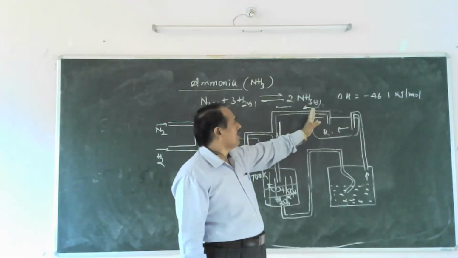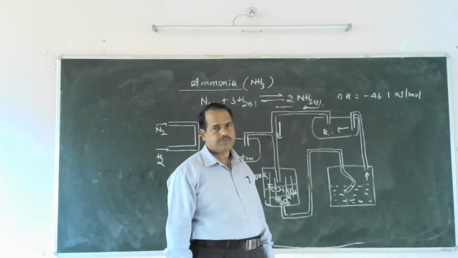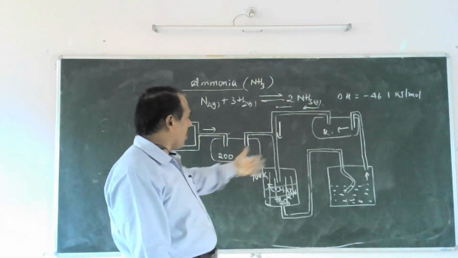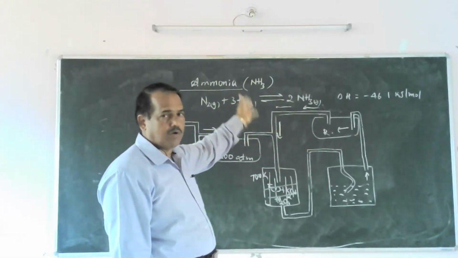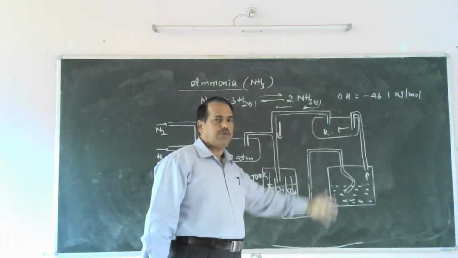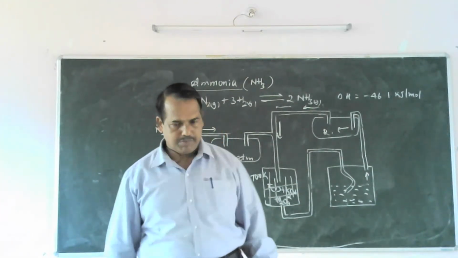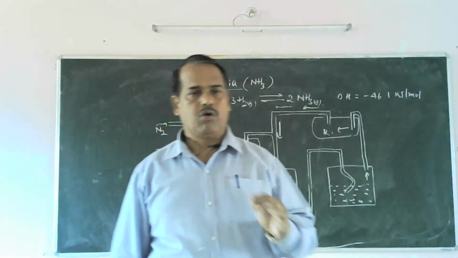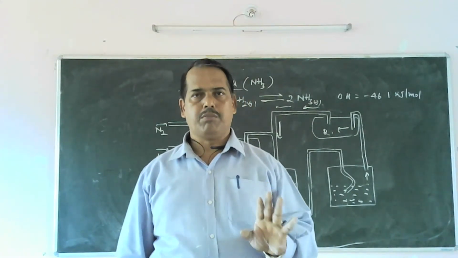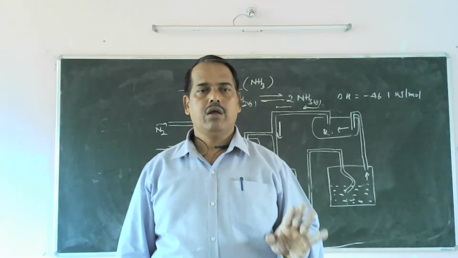See, preparation of ammonia is very costly. Economically it is better to use recycling. We have to recycle the unreacted gas and pass it again, so we continuously get ammonia. So in the Haber process, we get not more than 10 to 20% ammonia, and this much you have to remember. Are you clear?